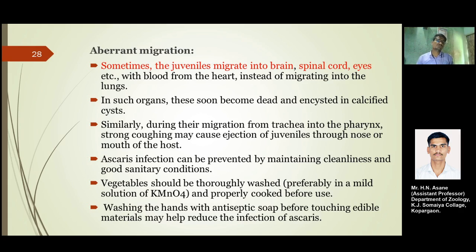In such organs, these juveniles soon become dead and encysted in calcified cysts. The calcified cysts are deposited over this particular aberrant migration process into the brain, spinal cord, or the eyes, or such other organs that come into the path.